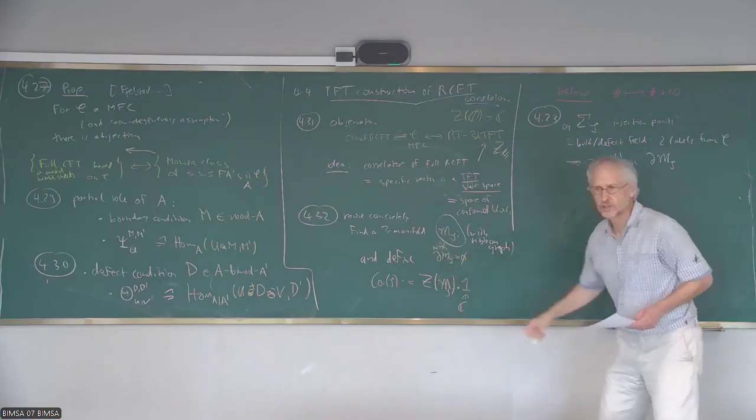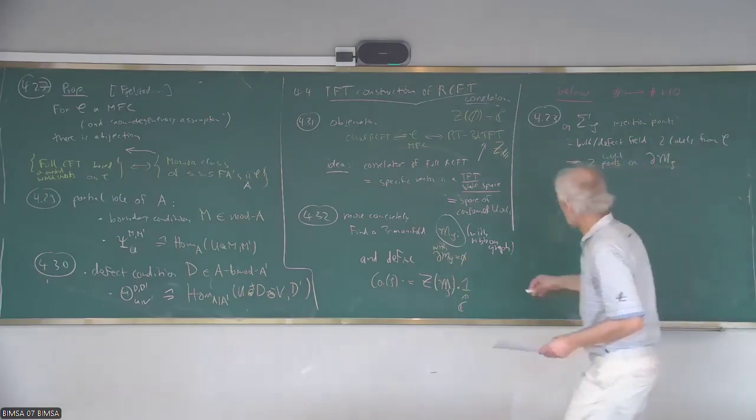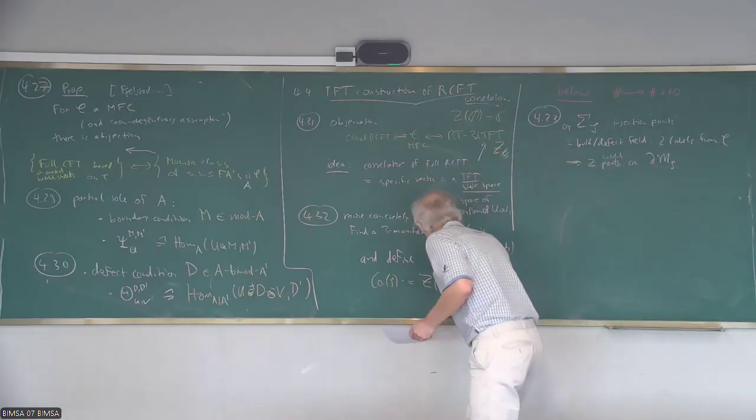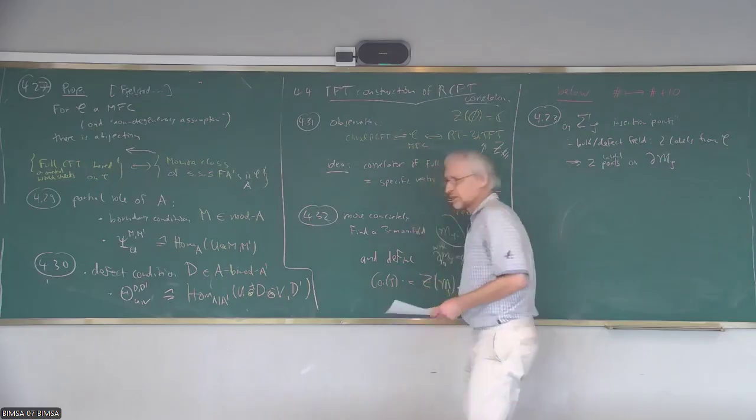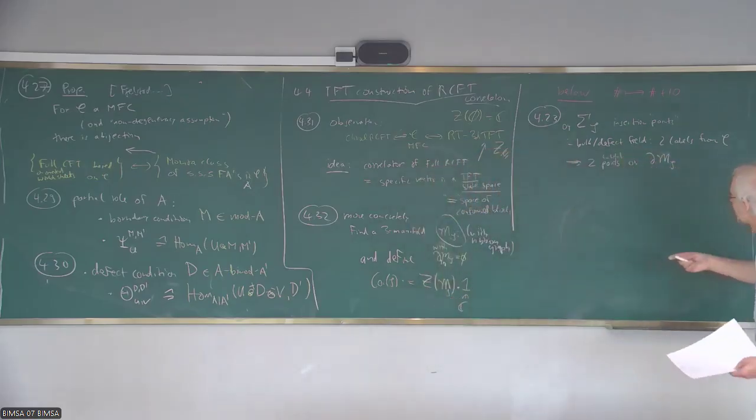Remember, the boundary is relevant for the... I said it in words, but I didn't write it. The in boundary is empty, and the out boundary is where the insertions will be.